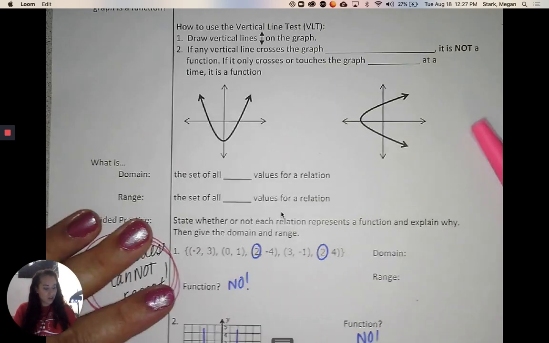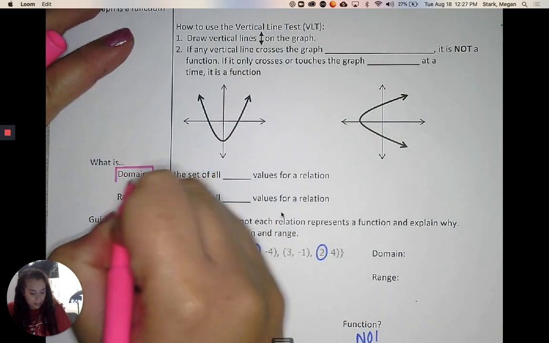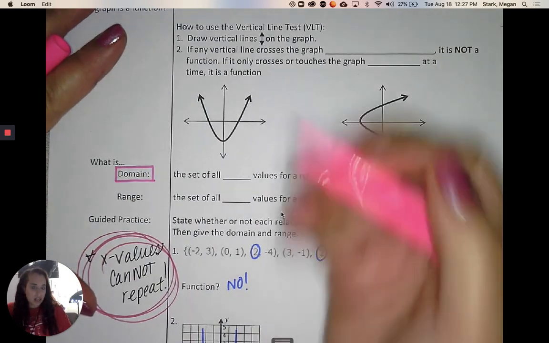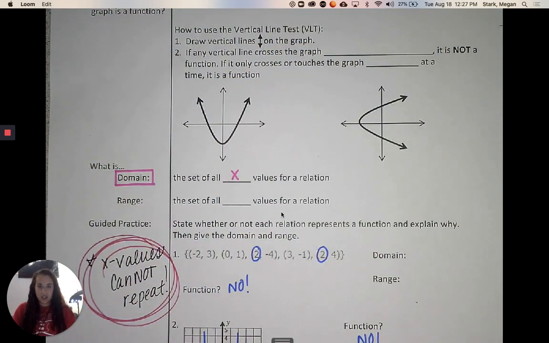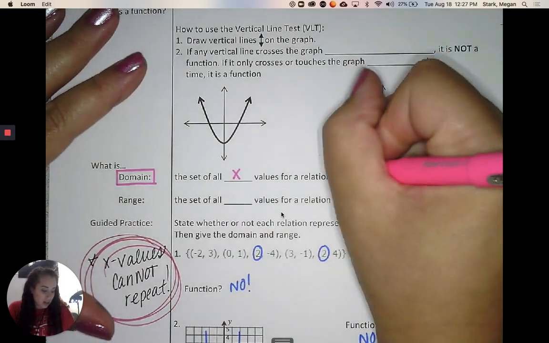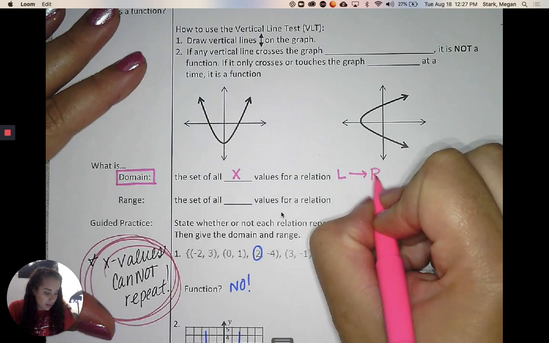All right, so domain is the set of all of your x values for a relation. Okay? So we start at the left and we go to the right.